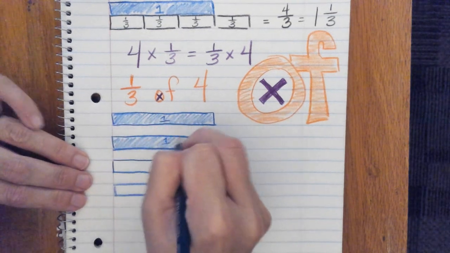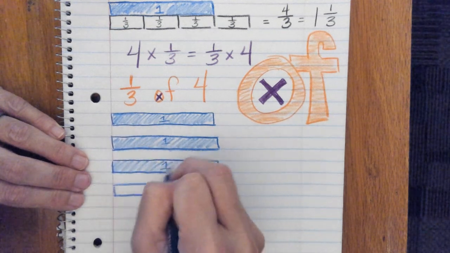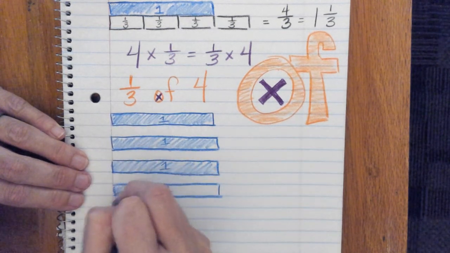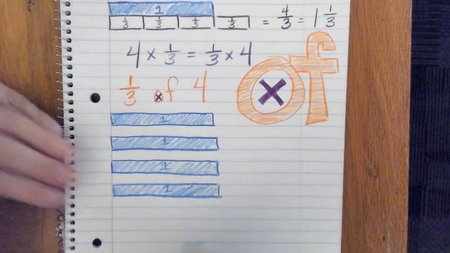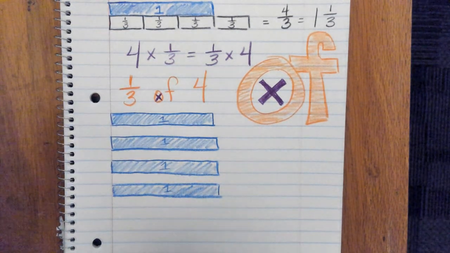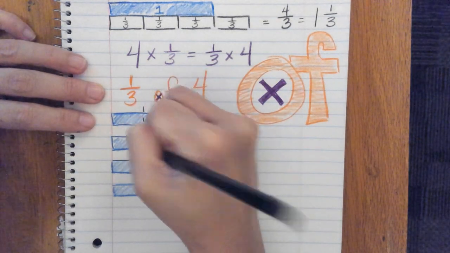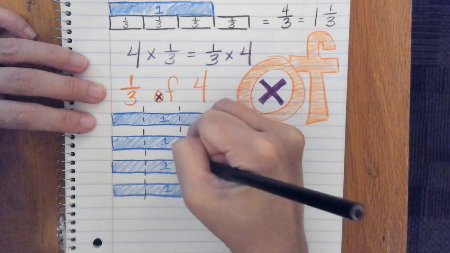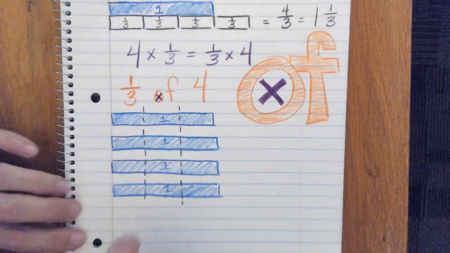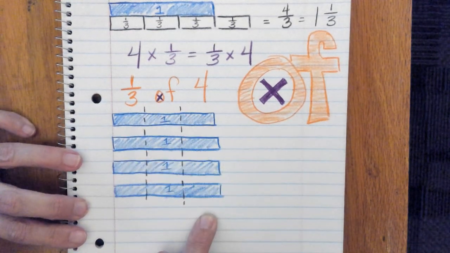Now when I say 1/3 of them, I'm saying I want to partition or break up these 4 wholes into 3 equal parts. So I could think of that like this. This would be 1/3, this would be 1/3, and this would be 1/3.